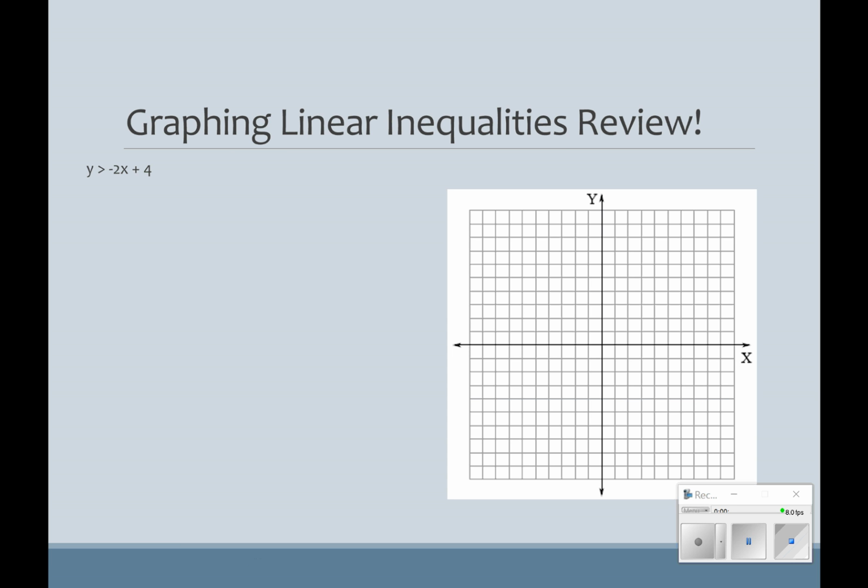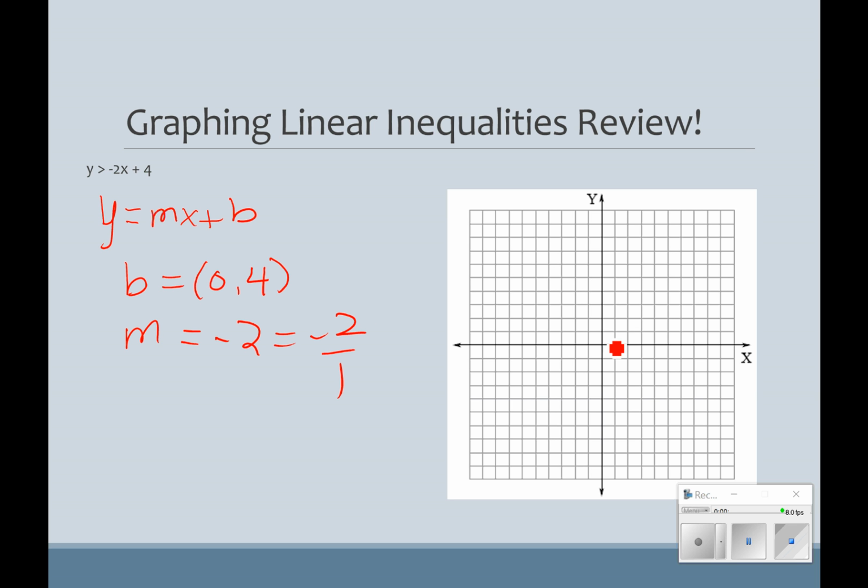So let's just review real quickly on how to graph inequalities. So I have this inequality, y is greater than negative 2x plus 4. Remember that when it's in this form, y equals mx plus b, b is the y-intercept, so that's going to be (0, 4). And the slope is negative 2 or negative 2 over 1.